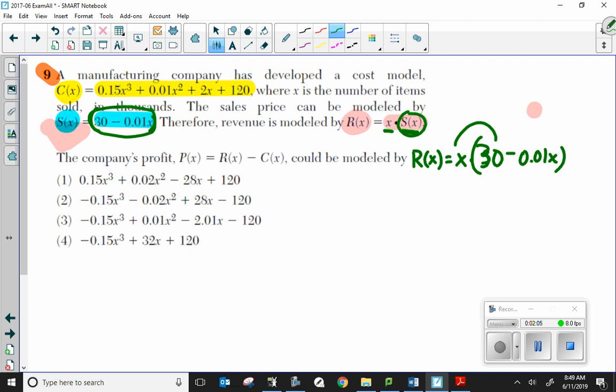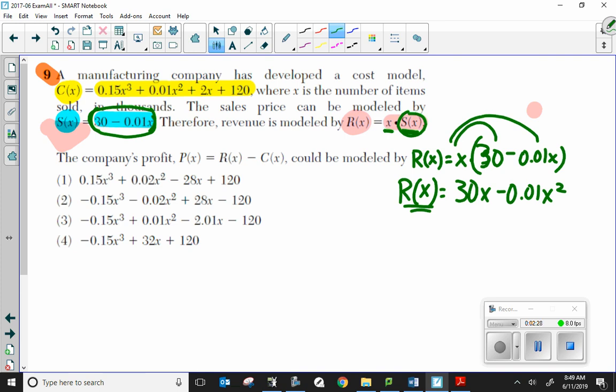All I'm going to do is literally distribute the x. So R of x in true equation form without having S of x in it is 30x minus 0.01x squared. This is R of x. And that's important because of what they're asking us to do here.